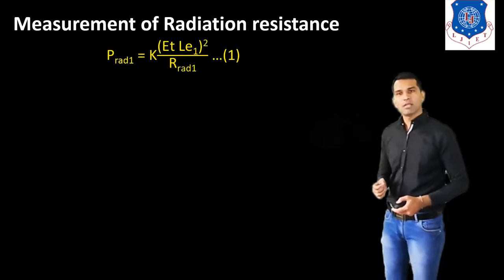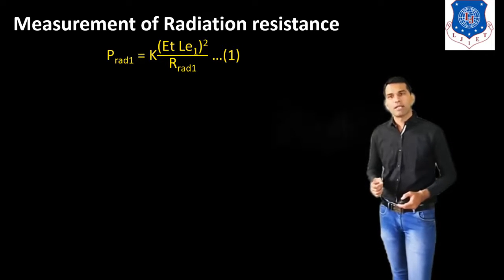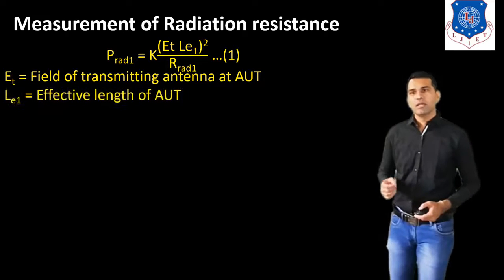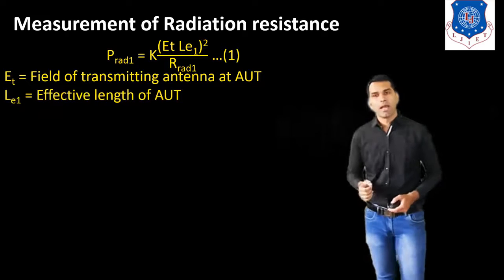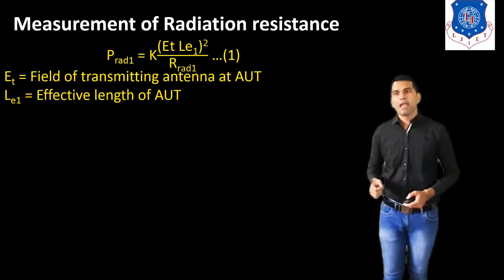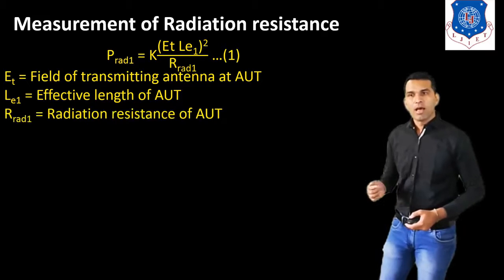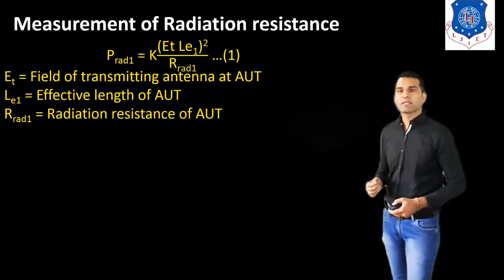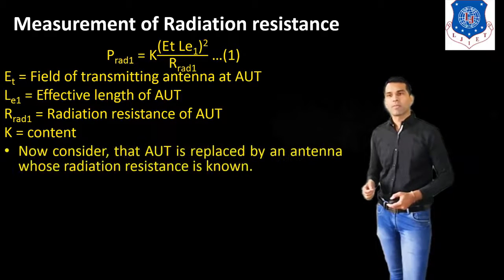P radiate 1 equals K ET LE1 squared upon R radiate 1. Here ET indicates the field of the transmitting antenna at the AUT, LE1 indicates the effective length of the AUT, R radiate 1 indicates the radiation resistance of the AUT, and K is a constant.